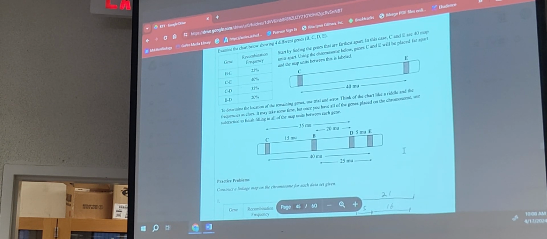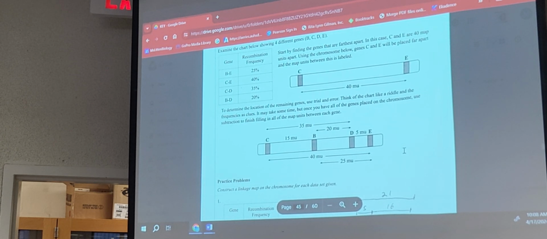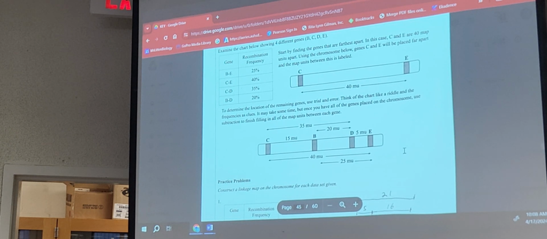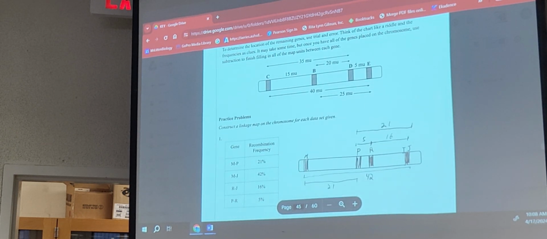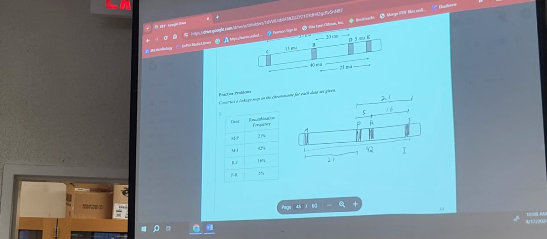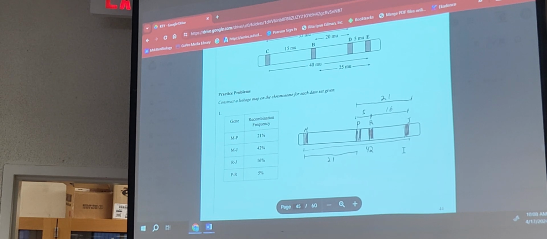Let's see if we can figure the next part and see if it helps or not. Yeah, gene mapping is not the simplest thing, but it's not so specific either. So if we make a linkage map on the chromosome for each data set given, we have MP, MJ, RJ, PR.